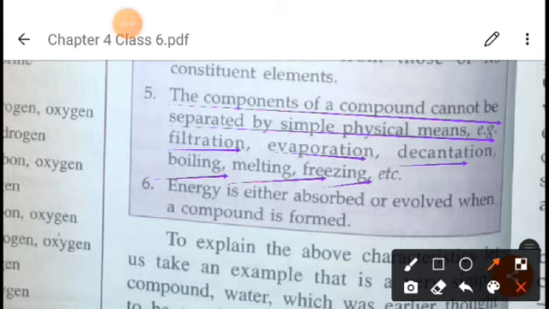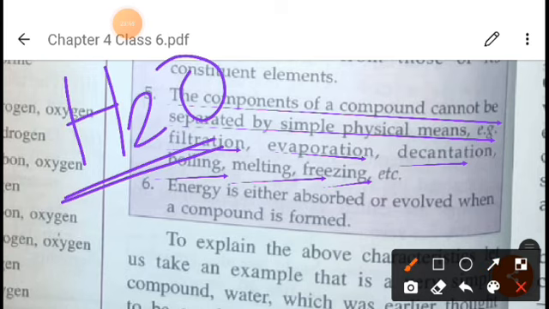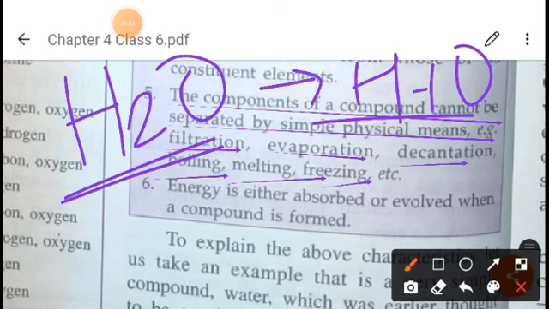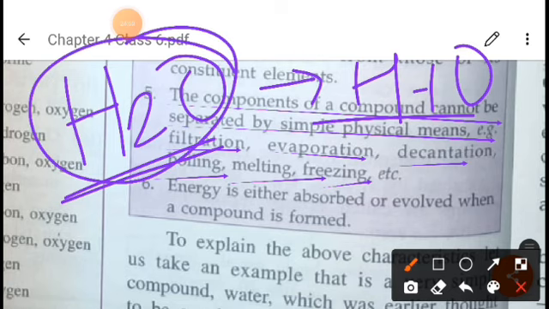Suppose I am taking the example of water. We cannot break water into hydrogen and oxygen by a simple physical process like evaporation, filtration, decantation and all. We have to use a chemical process to break water into hydrogen and oxygen.